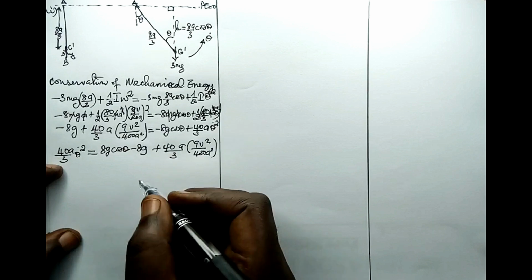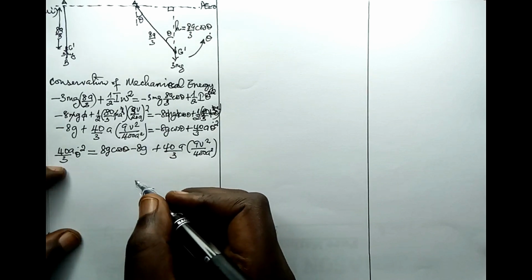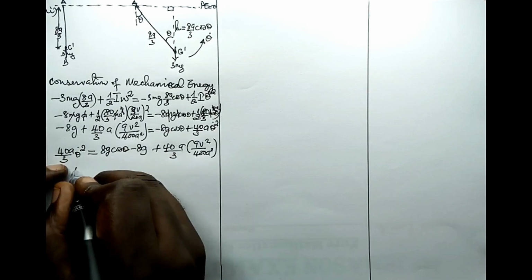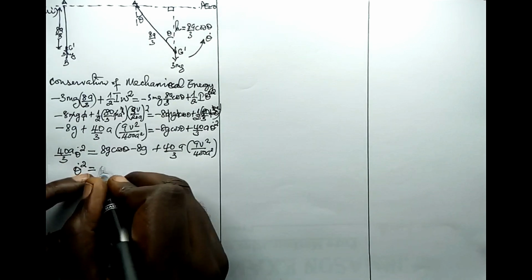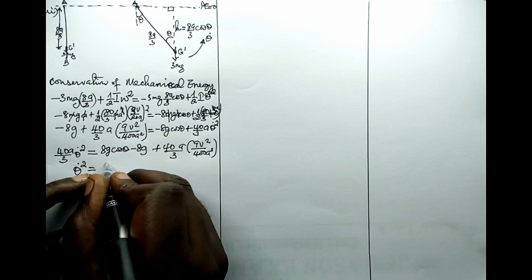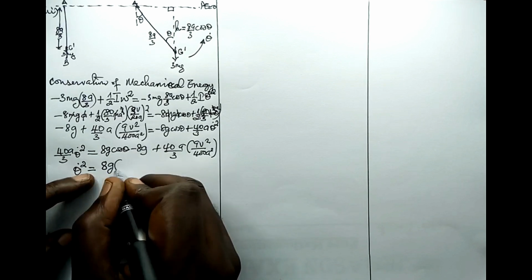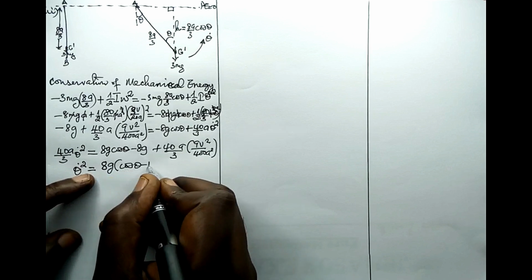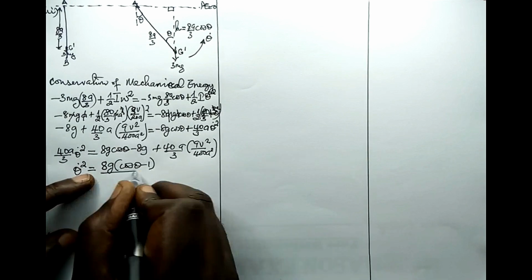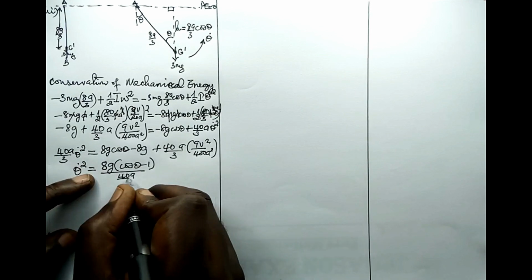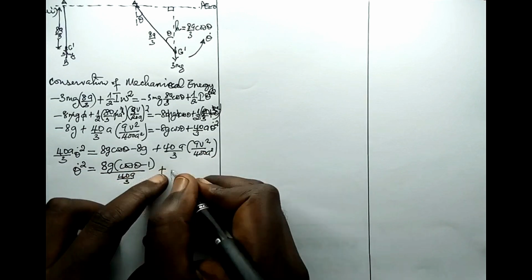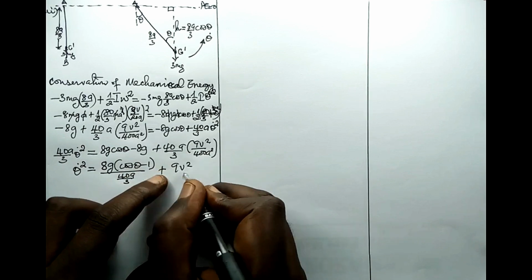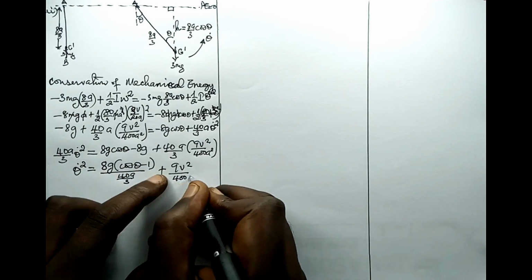And I can divide through now by 40a over 3, so that I get theta dot squared equals 8g is common into cos theta minus 1 all over 40a over 3, plus, dividing here again by 40a over 3, we are just left with 9v squared all over 400a squared.